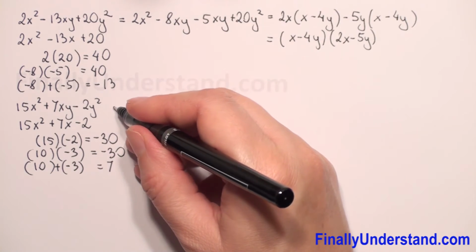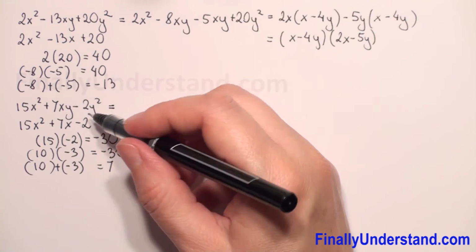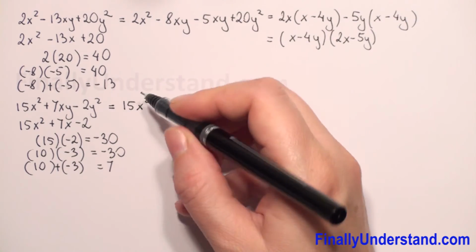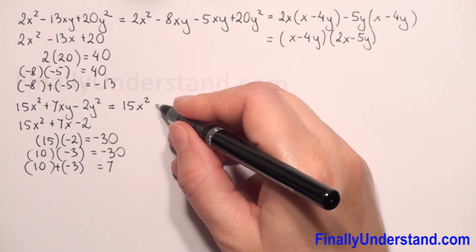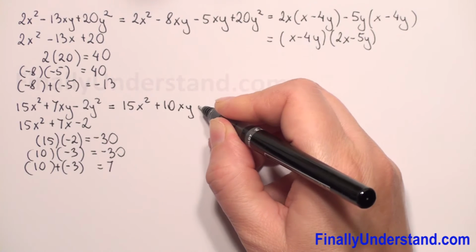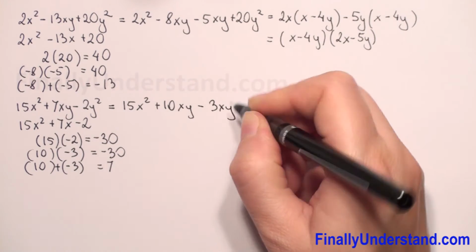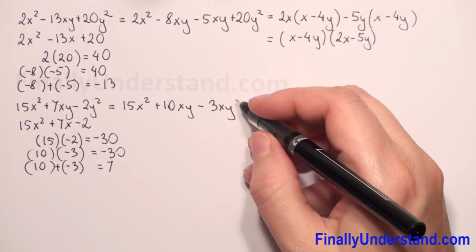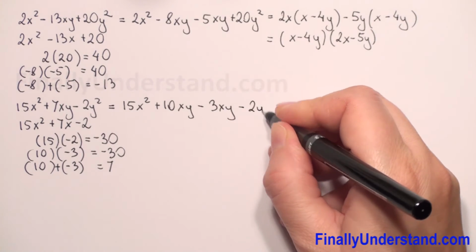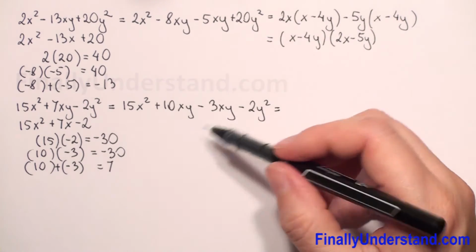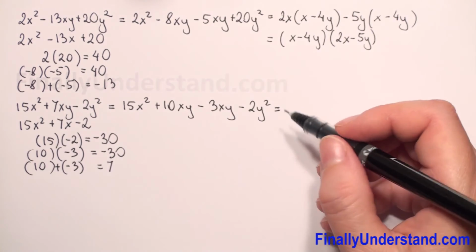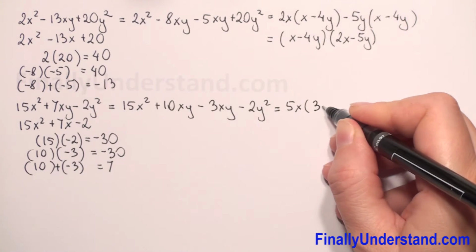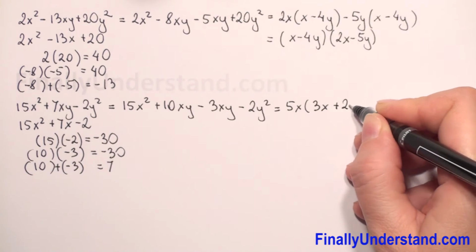So now we have to come back to our expression. 15x squared we copy, and 7xy we rewrite as 10xy minus 3xy. We still have the same 7xy when we combine these two like terms. And we copy 2y squared. So now, from these first two expressions, we can factorize 5x, and in parentheses we will have 3x plus 2y.